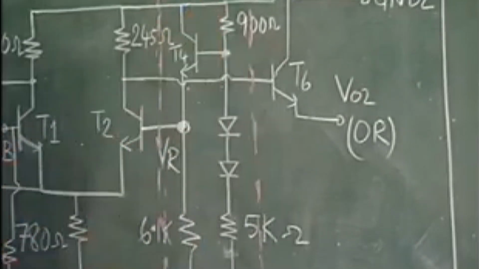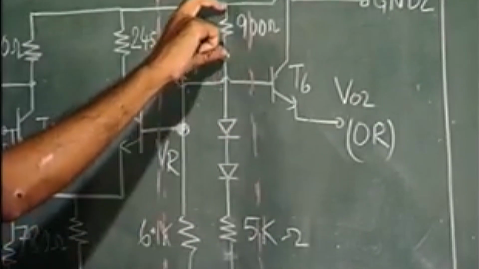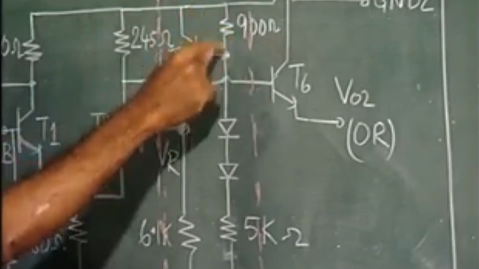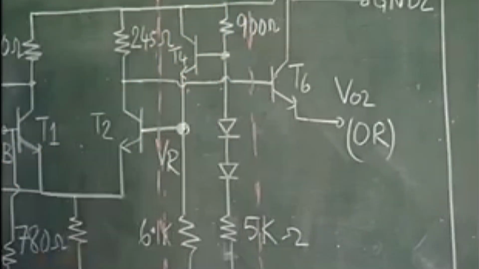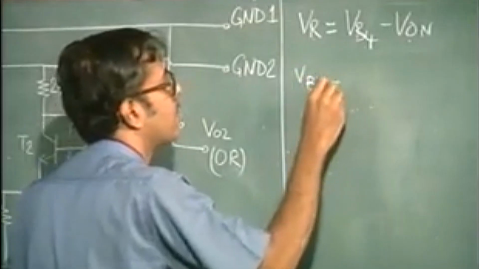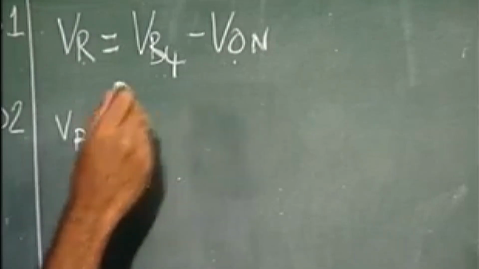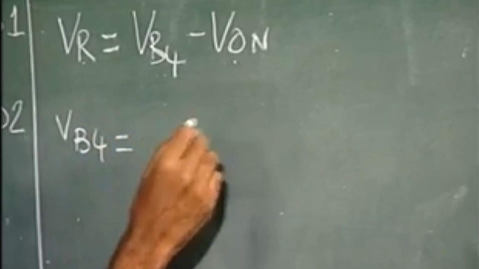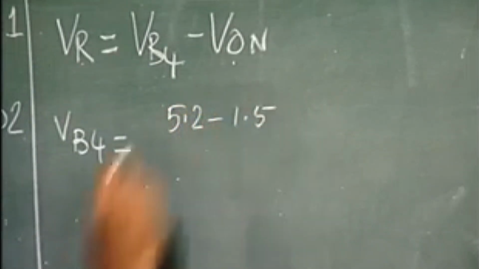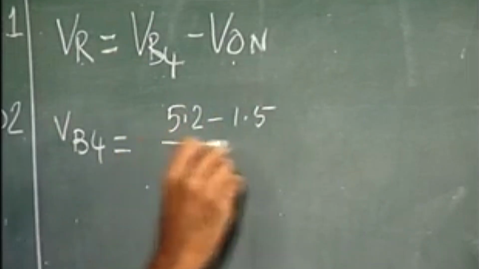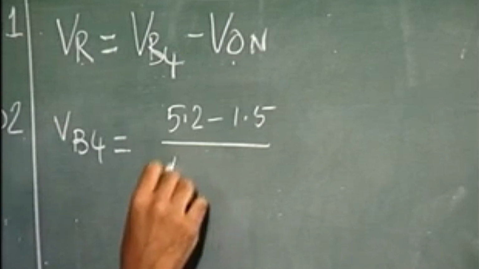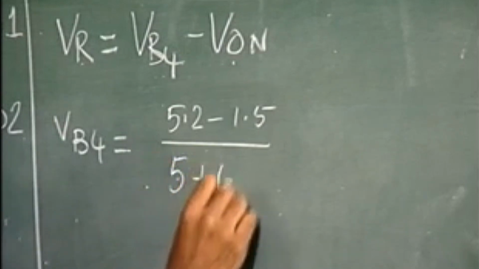So we can find out the current. Once you find the current, you can find the drop across this 0.9 K resistance, and since this is ground, VB4 is minus of that. So VB4 is equal to 5.2 minus 1.5, the drop across the two resistances, divided by the sum of the two resistances, 5K plus 0.9K.